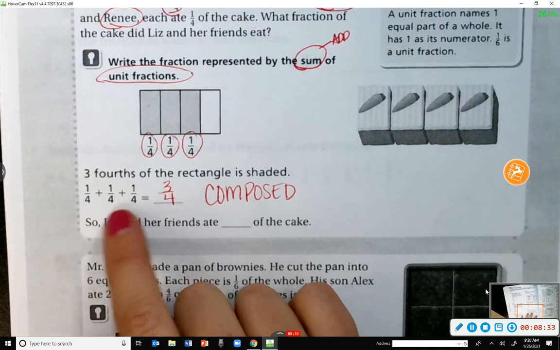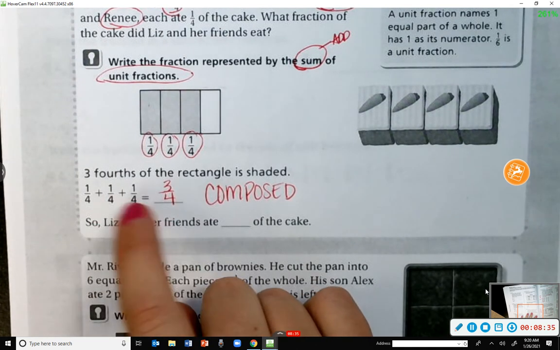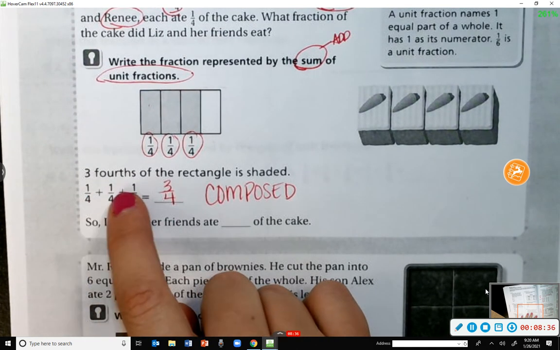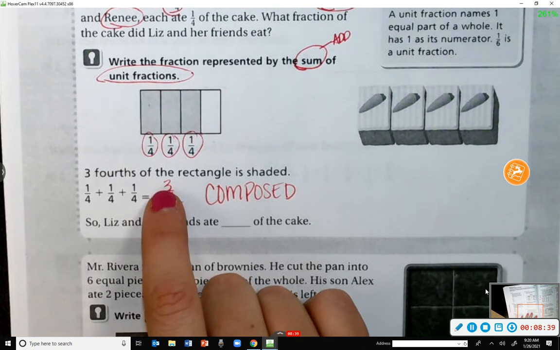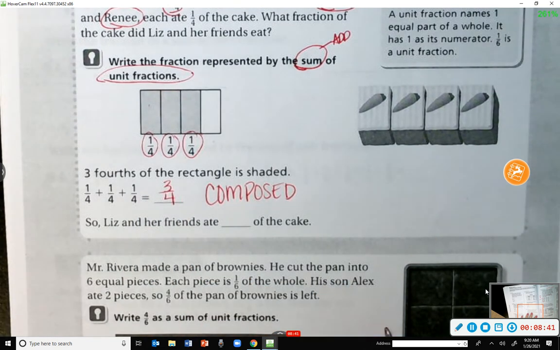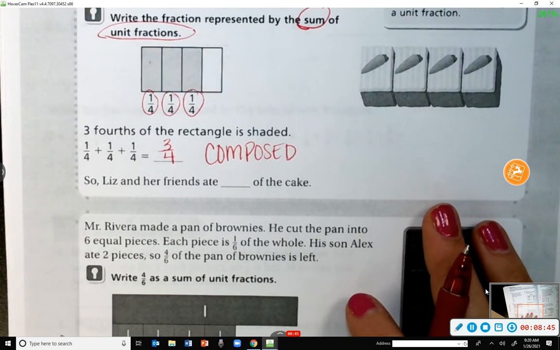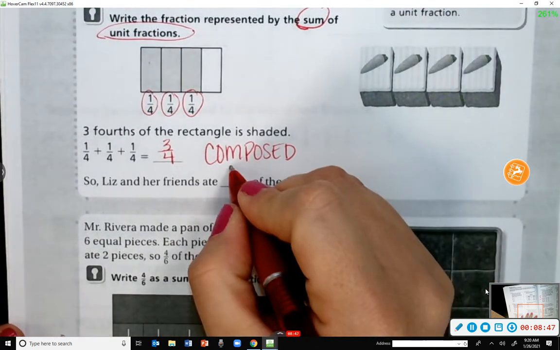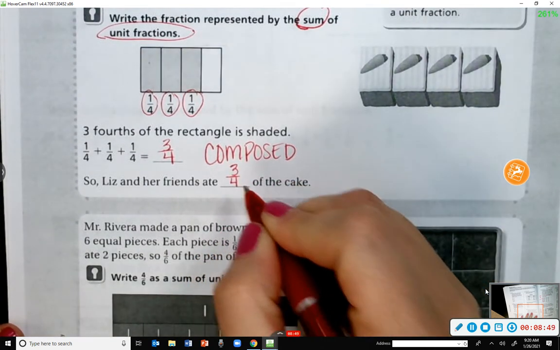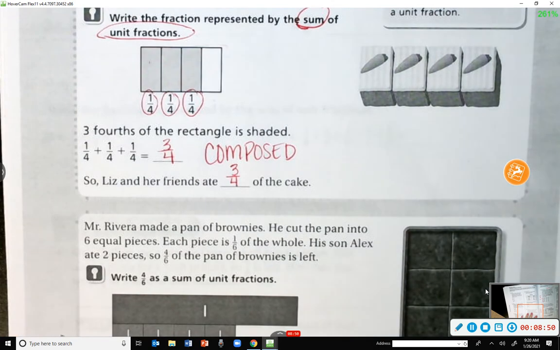The denominator still stays 4. All we did was add the numerator. 1 plus 1 plus 1. Right, Allie? 3/4. So Liz and her friends ate 3/4 of the cake. Okay, so that's composing. We took small fractions and put them together, right, and made 3/4.